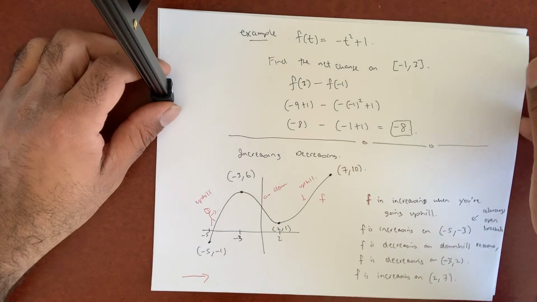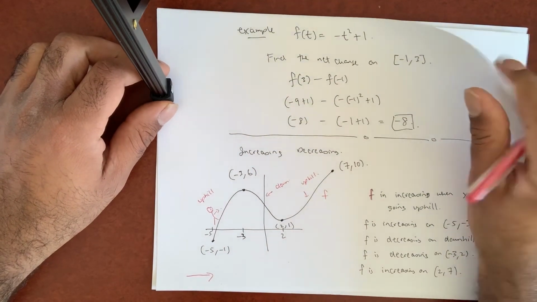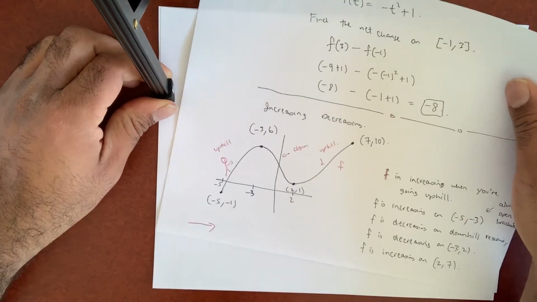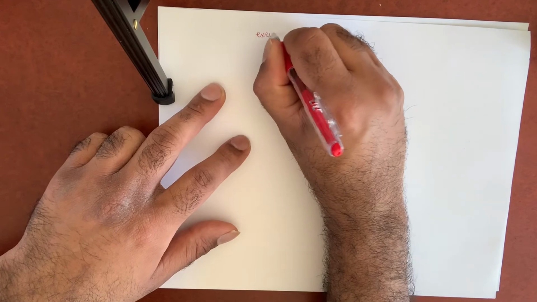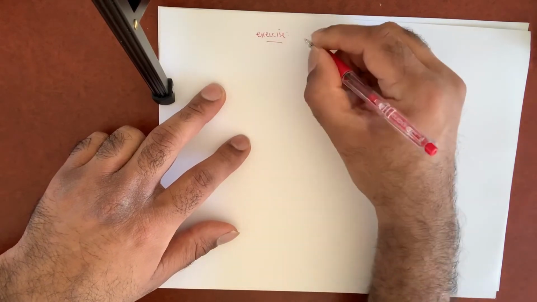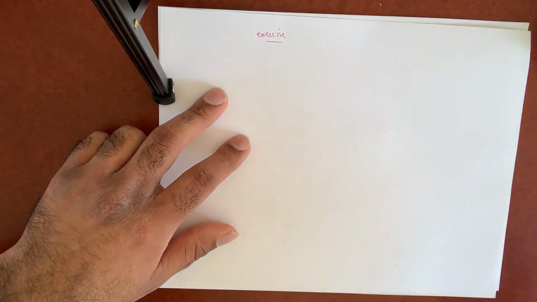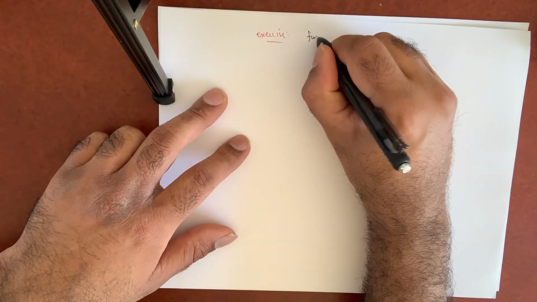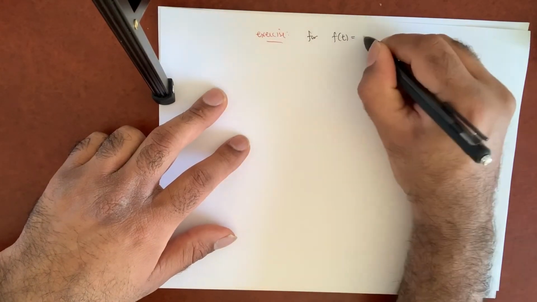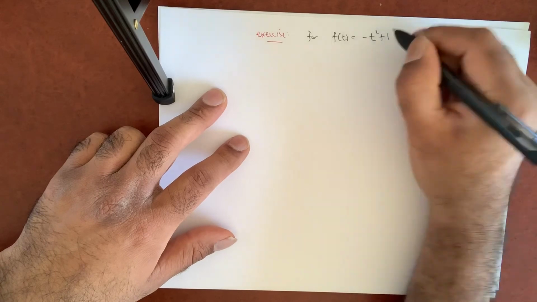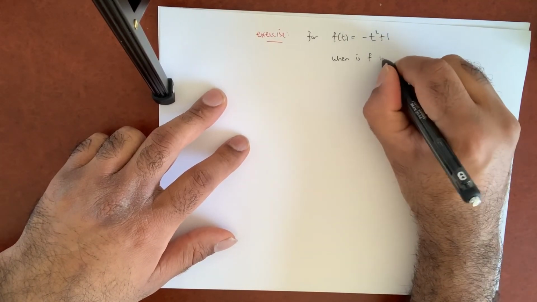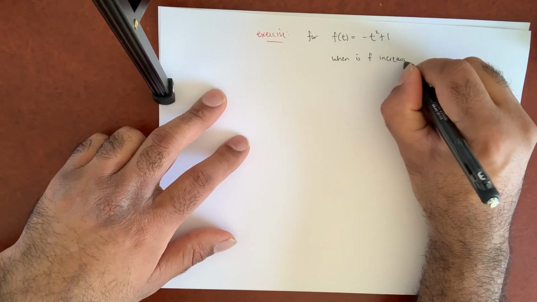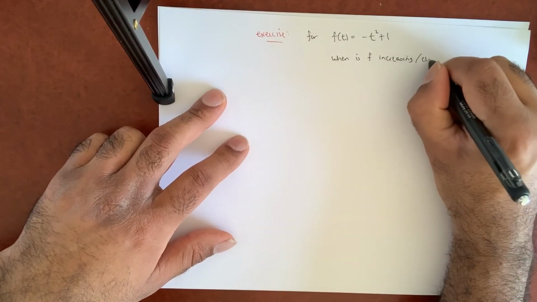All I'm going to do now is leave you with a little exercise here, or maybe 2 exercises. So one: for our function that we started with, f of t is -t² plus 1, when is f increasing and decreasing?